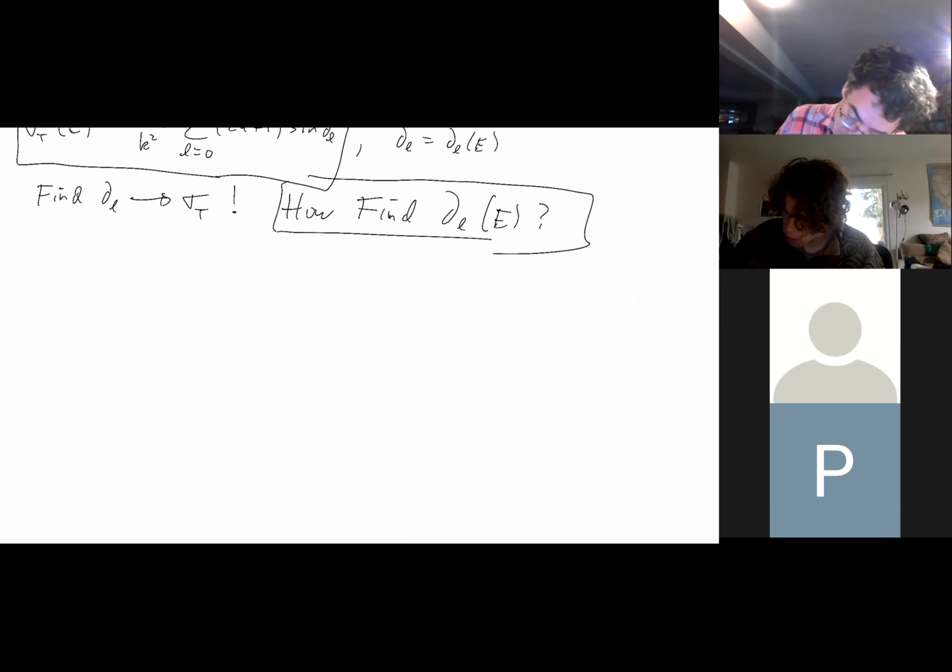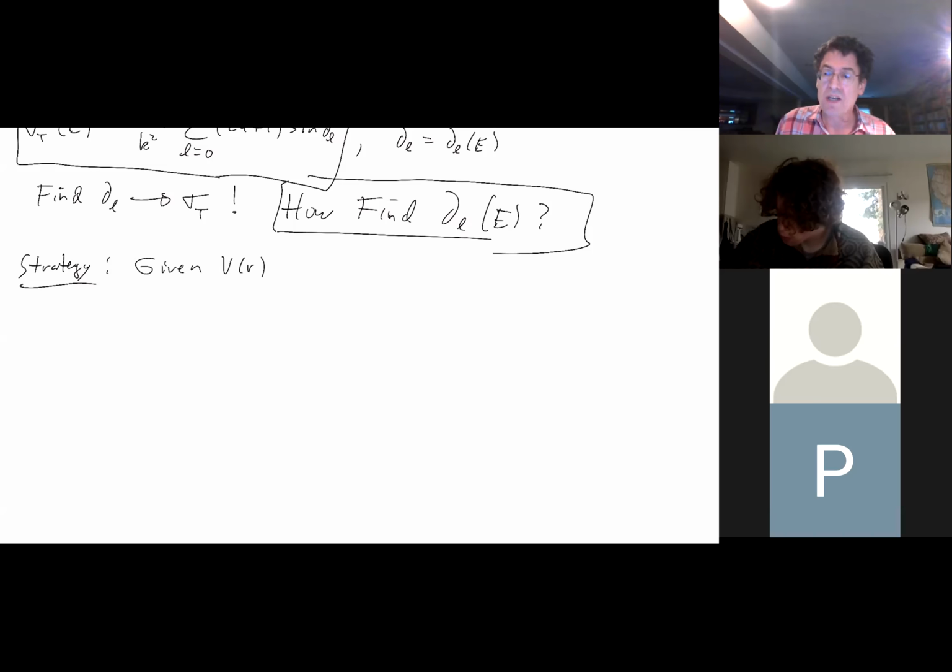So what that means is, to find the phase shift, here's the strategy. It's a very straightforward strategy. You're given a potential. Someone says, I'm scattering a particle off this potential, what's the total cross section?